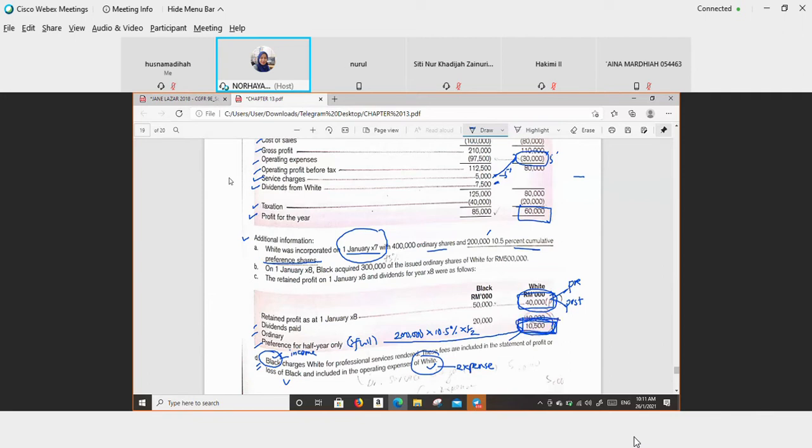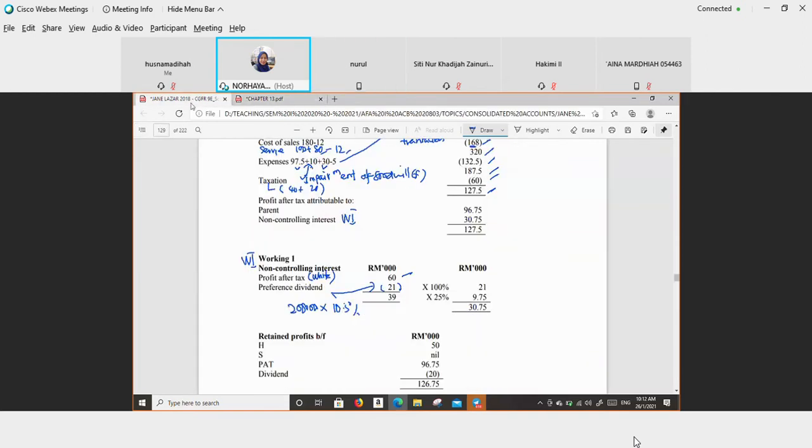Kenapa tak boleh ambil 10.5? Separuh. Ni beza dia yang saya kata kumulatif dengan non-kumulatif tu. So that is why here you take full amount of preference dividend 21,000, which is 200,000 times 10.5%. Okay, you ambil full ni yang dia punya implication, for you to determine whether it is cumulative or non-cumulative.